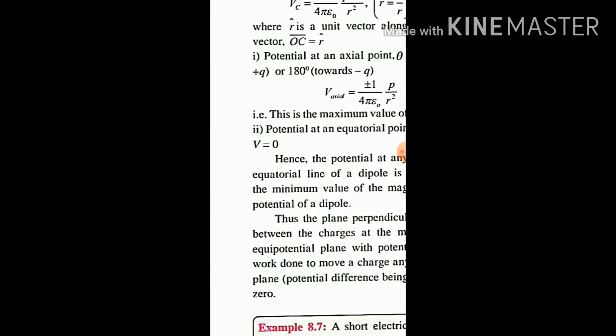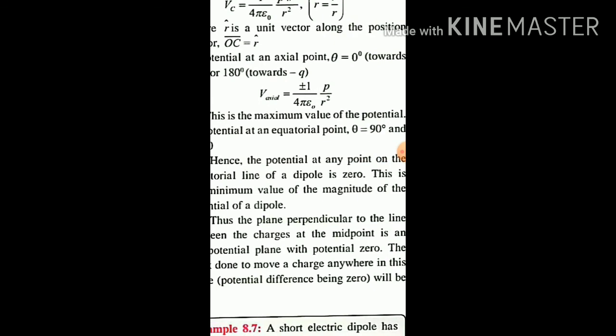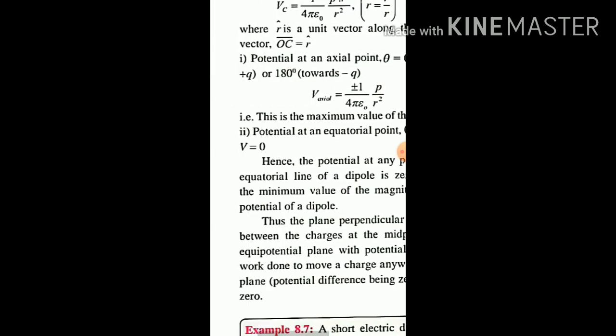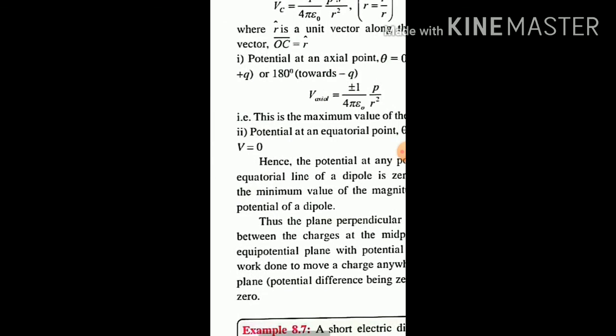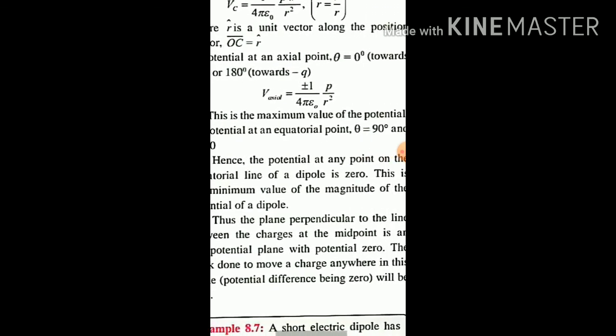Thus the plane perpendicular to the line between the charges at the midpoint is an equipotential plane with potential 0. The work done to move a charge anywhere in this plane, the electric potential difference being 0, will be 0.